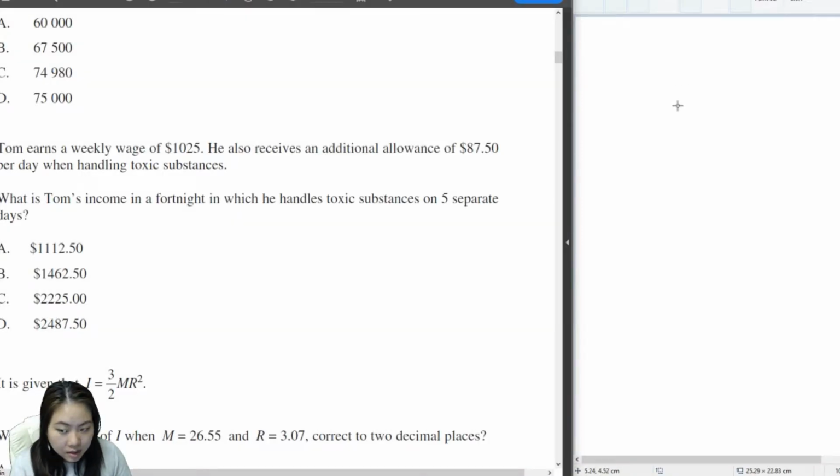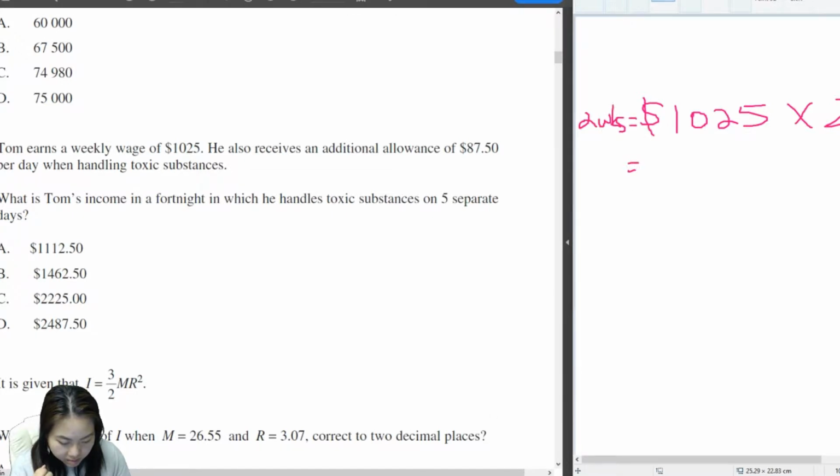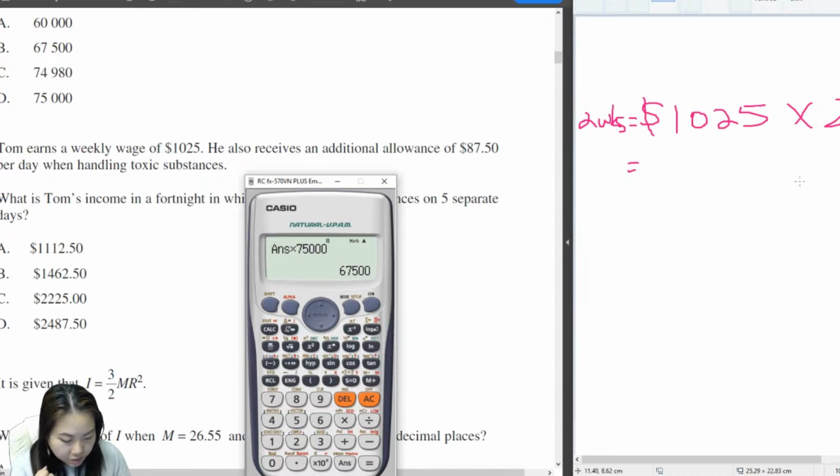So this is his income for a fortnight, which is 2 weeks. So we need 2 weeks of his weekly income, which will be $2,050.